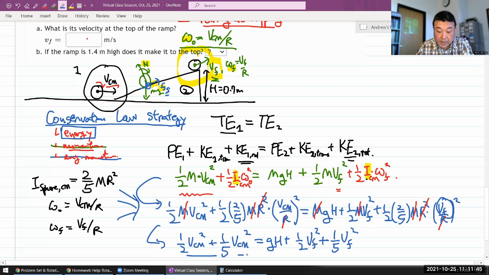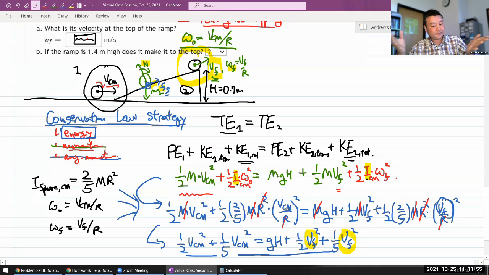So out of this equation, one equation in terms of one unknown, solve for the unknown, then you should be able to plug it in here. That's your answer.